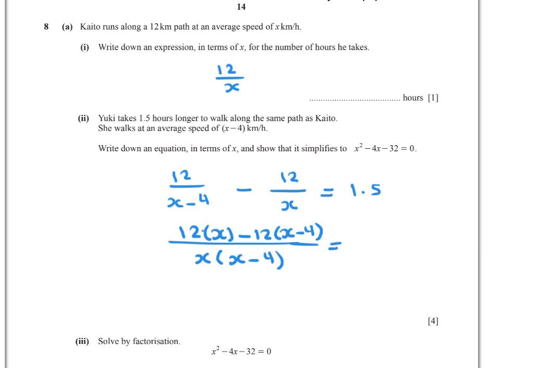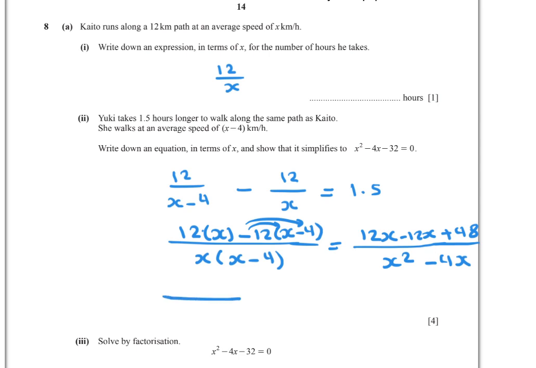We can simplify more. 12 times x is 12x, negative 12 times x is negative 12x, negative 12 times negative 4 is positive 48, over x times x equals x squared, x times negative 4 is negative 4x. 12x minus 12x cancel, so 48 over x squared minus 4x.